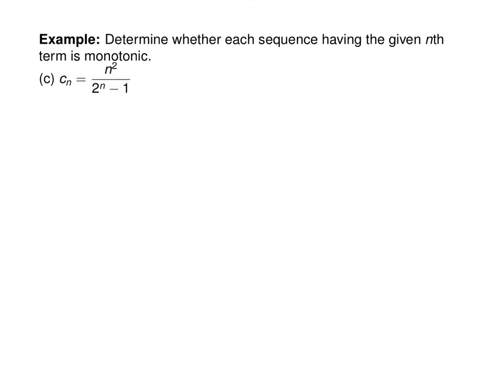And lastly, let's determine whether this sequence, c sub n equaling n squared over 2 to the n minus 1, is monotonic. So the first term will be equal to 1 over 1, which is 1. The second term is 2 squared, so 4 over 2 squared minus 1, 4/3.